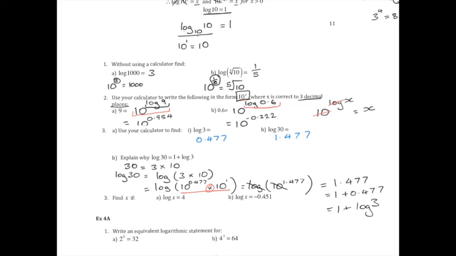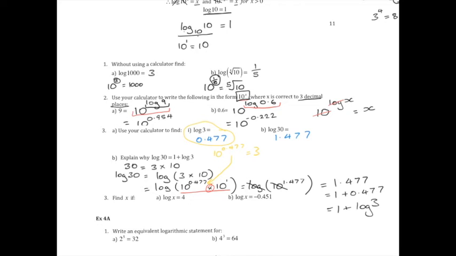So that was a bit of a tricky one there. Basically, you had to use the fact that if log of 3 equals 0.477, 10 to the 0.477 equals 3, and then sub it in there. So we're showing through working how they're related.